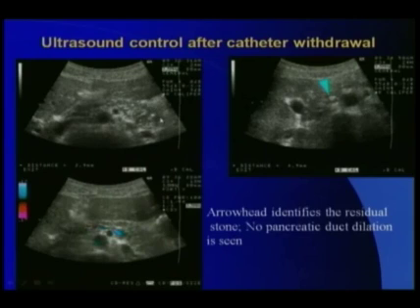And this is the ultrasound follow-up 3 months after catheter withdrawal. You can see the pancreatic tissue, no Wirsung duct dilation, but still this embedded stone is in the very distal portion of the Wirsung duct, in the pancreatic head tissue.